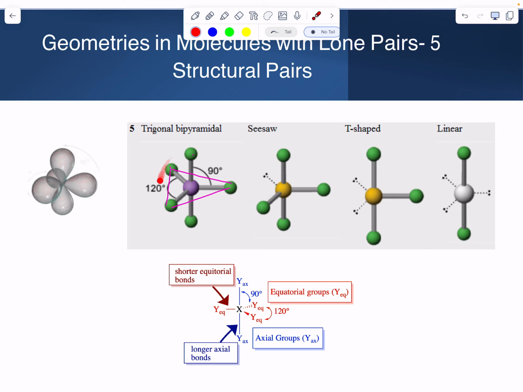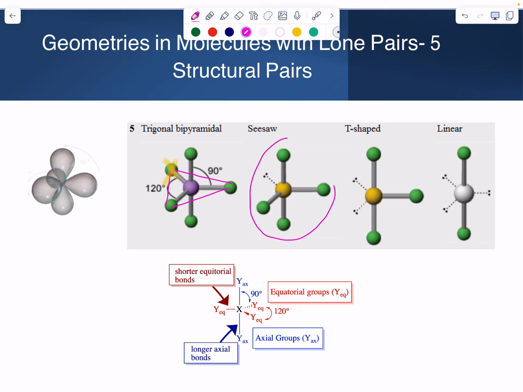Now, when we add lone pairs to this, you're essentially keeping the same arrangement in space, but you're going to be losing one thing. Imagine that atom not there. Now it's a lone pair, and the shape you get is called a seesaw.